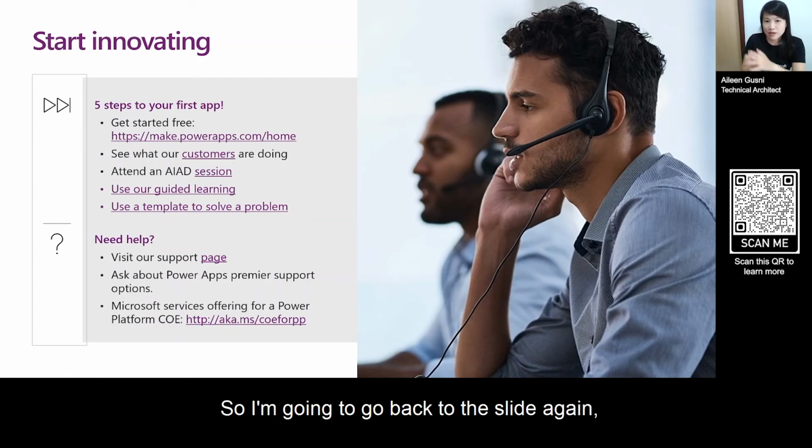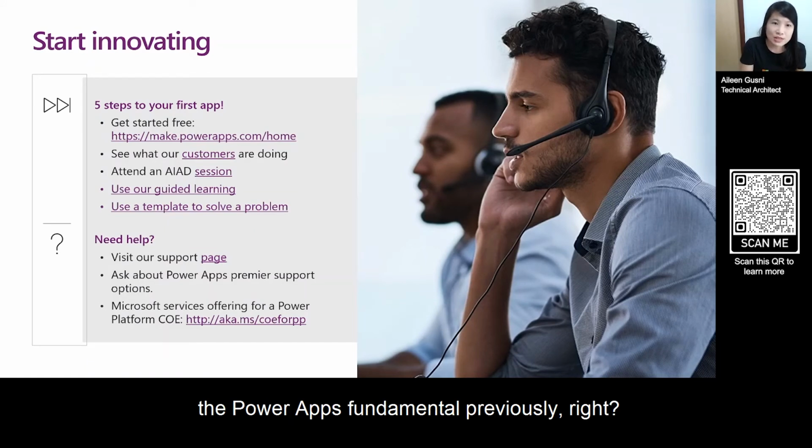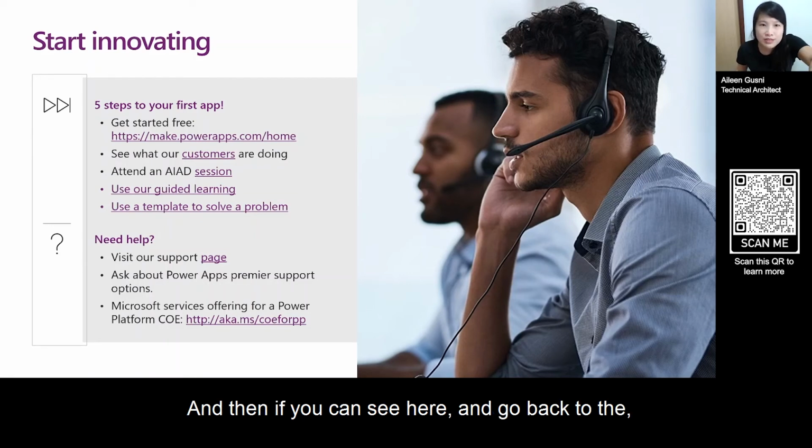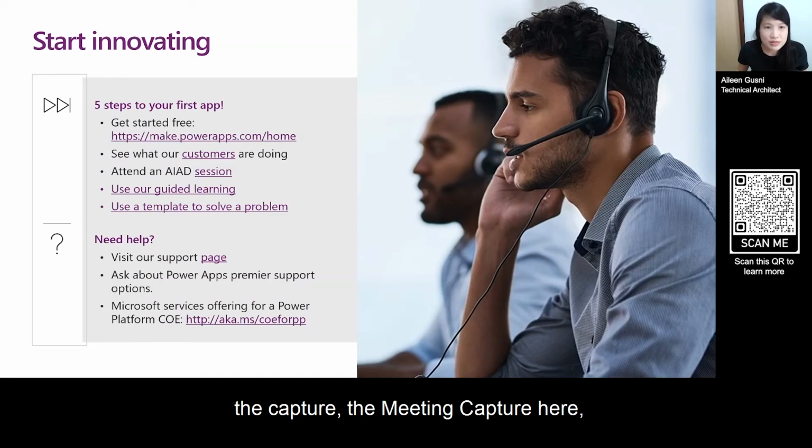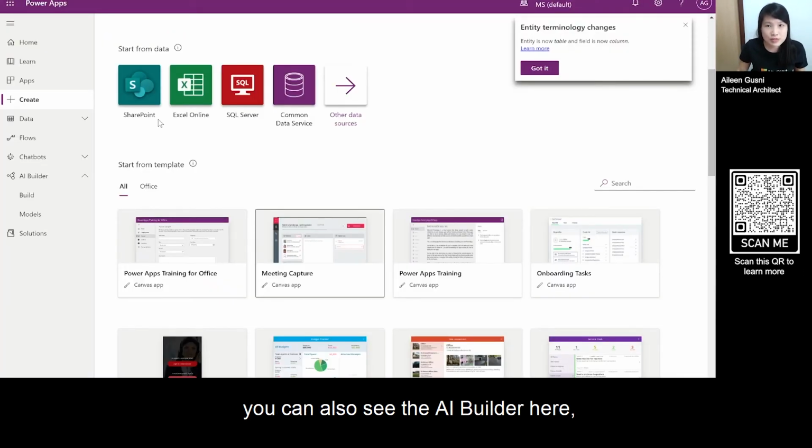So I'm going to go back to the slide again because we have learned about the Power Apps fundamentals previously, right? And then if you can see here, go back to the meeting capture here, you can also see the AI Builder here, the one that we have learned as well.